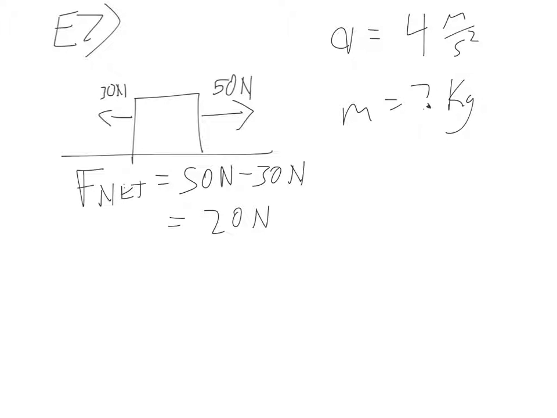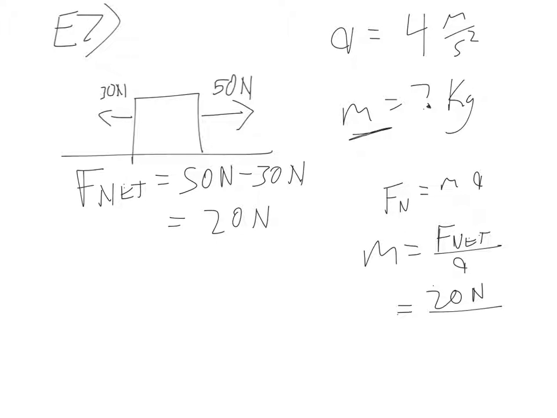And we know that F net equals ma, and we can solve for m equals F net divided by a, or 20 newtons divided by 4 meters per second squared, which gives us a mass of 5 kilograms.